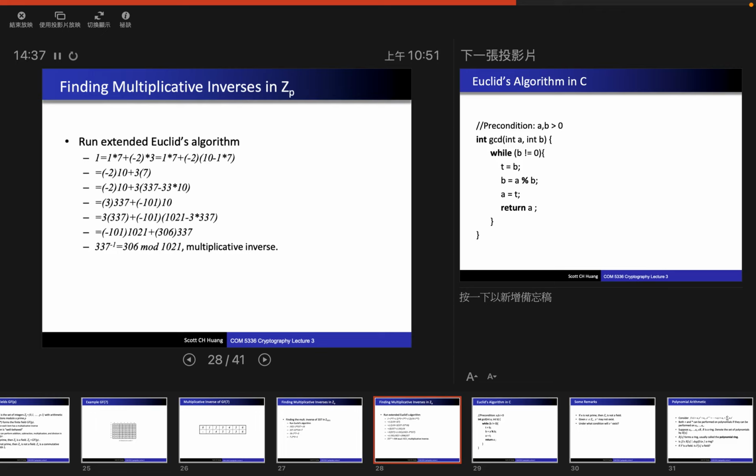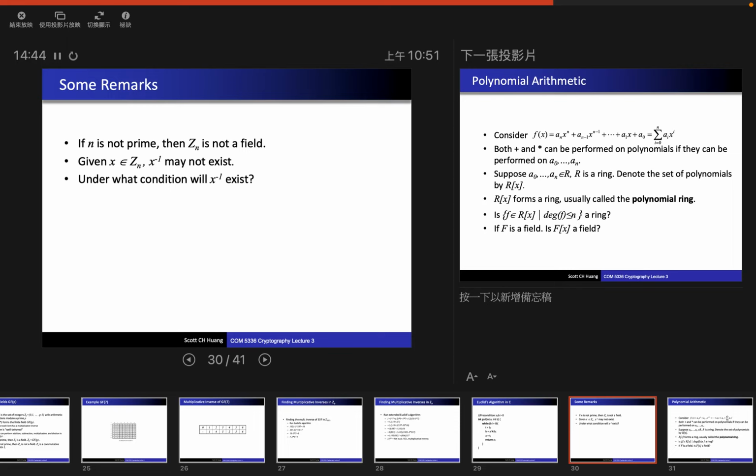So some remarks. If n is not prime, then Zn is not a field. Because if n is not prime, that means there must be some factors. For example, take Z6. 6 is not prime because 6 can be factorized by 2 and 3.